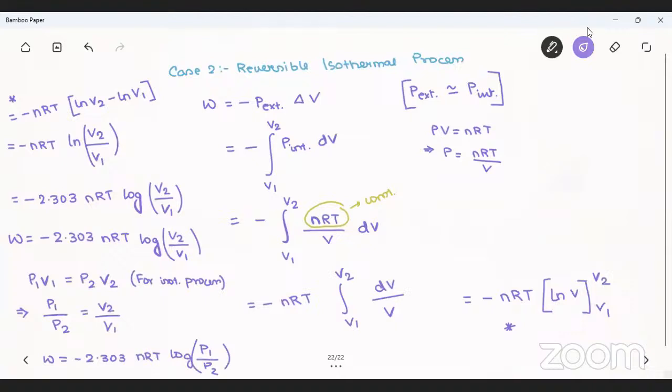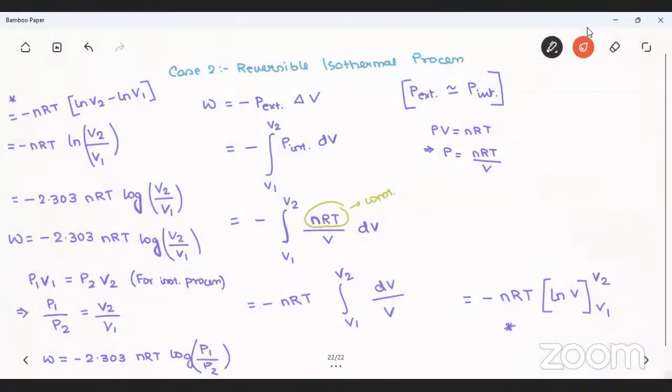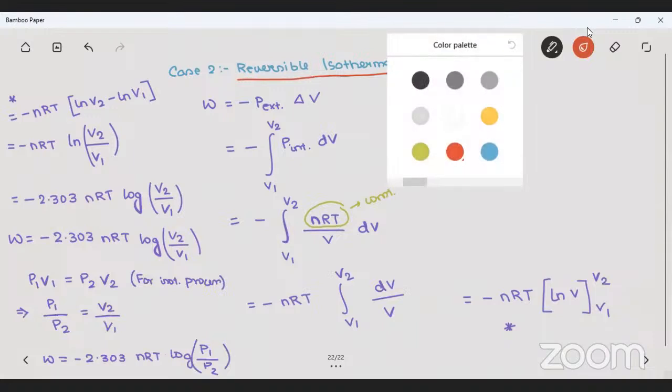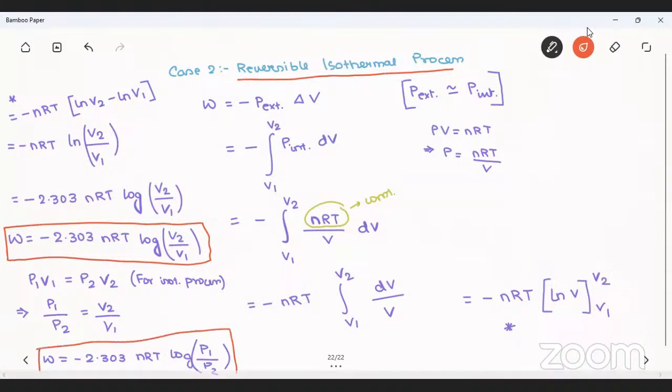Okay, you have to remember: if in your question you see a reversible isothermal process, work done will be either this or this.